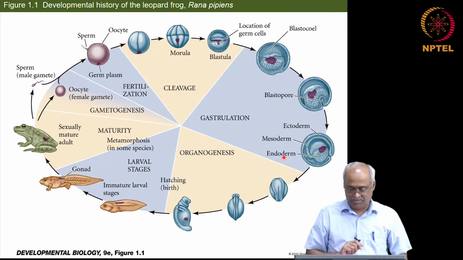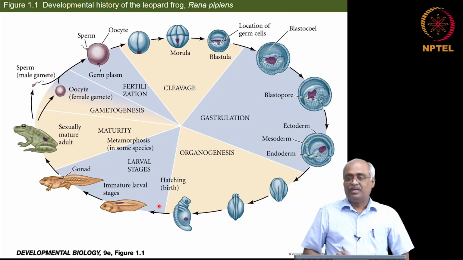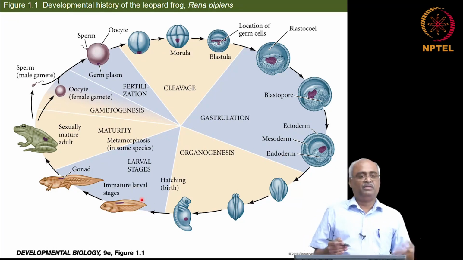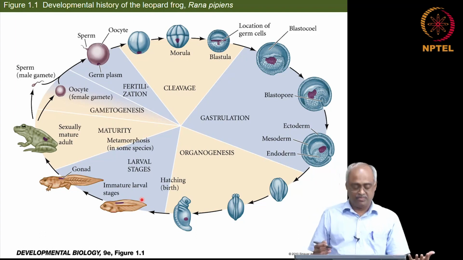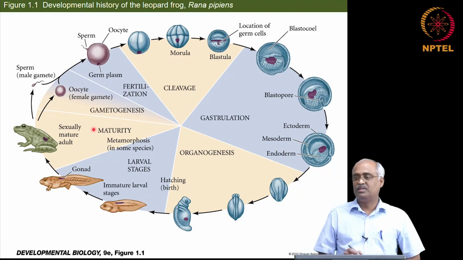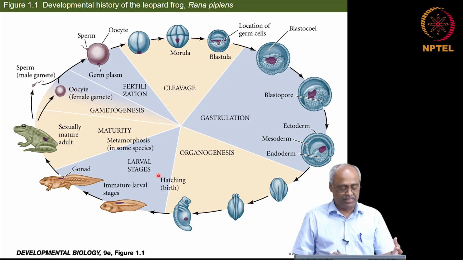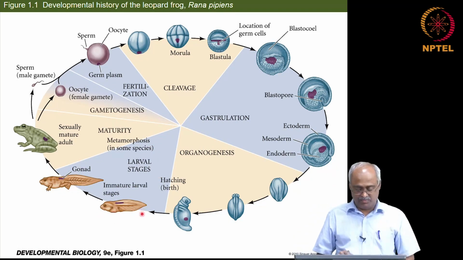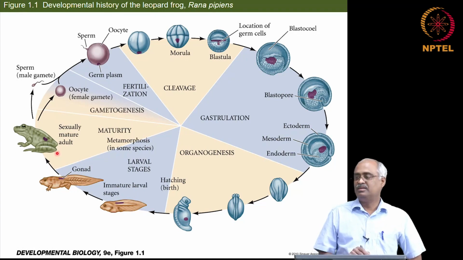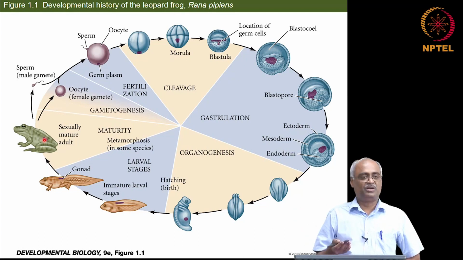Oftentimes some people get confused. So when they come out from the eggshell or come out of the mother's womb, they are not right away ready. So they undergo what is called maturity, and this maturity in many organisms involves what is called metamorphosis. That is because what comes out does not resemble the adult. As you see in this example, the tadpole does not look like the frog, the silkworm does not look like the moth, same goes with the butterfly.